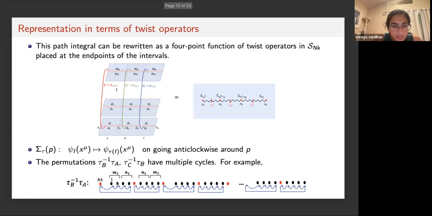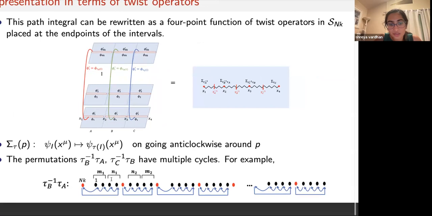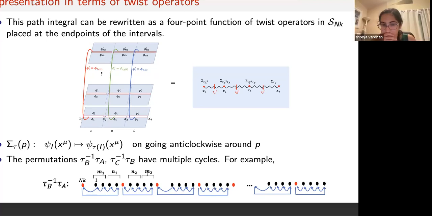Not necessarily. You always have the structure where in tau B inverse tau A, you have k cycles of length m1 plus n1 plus 1 and k cycles of length m2 plus n2 plus 1. So you can vary the lengths by varying n2. If you keep M1, N1, M2, N2 fixed, you get a particular cycle shape. That's the point.